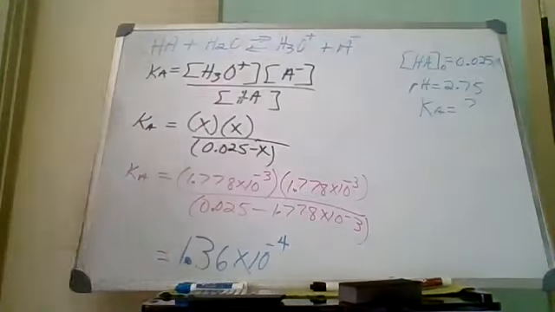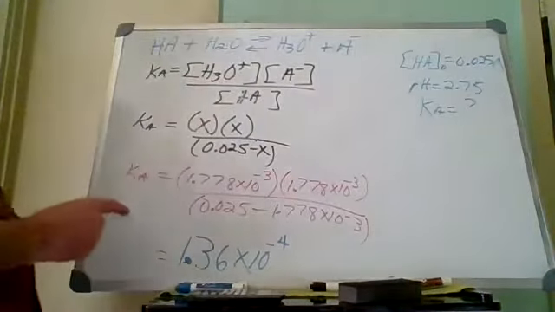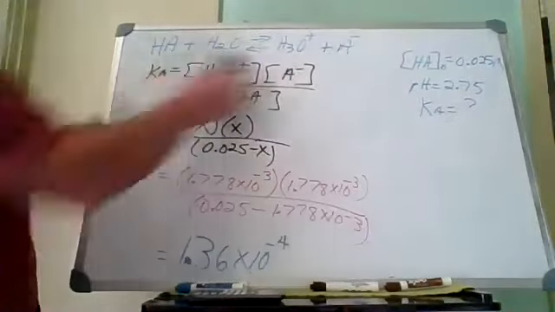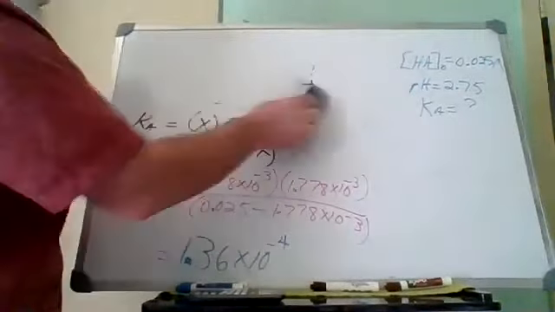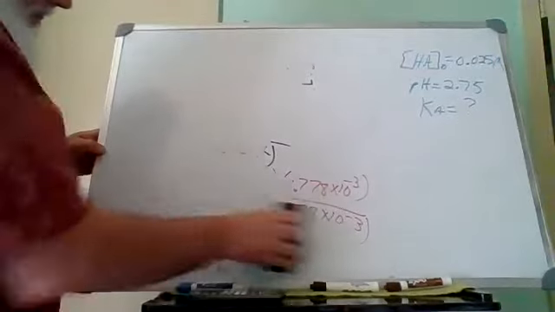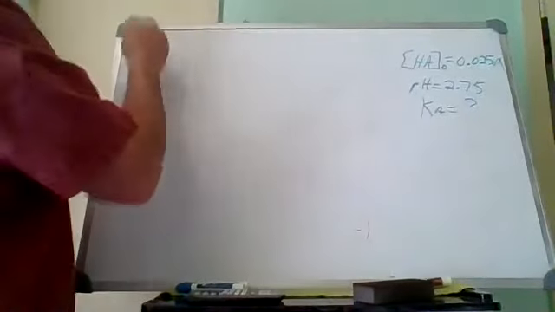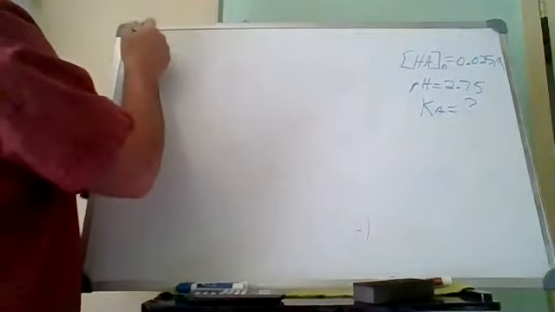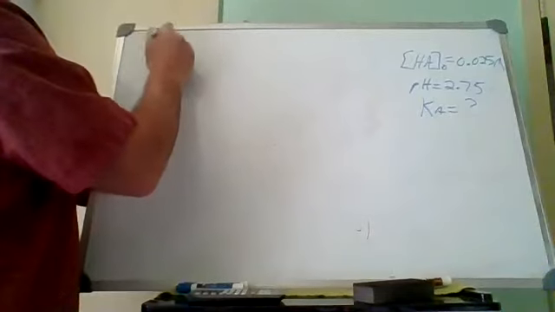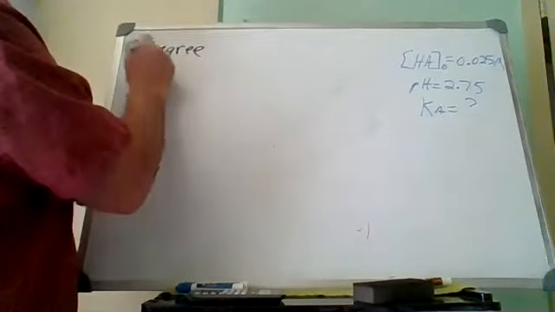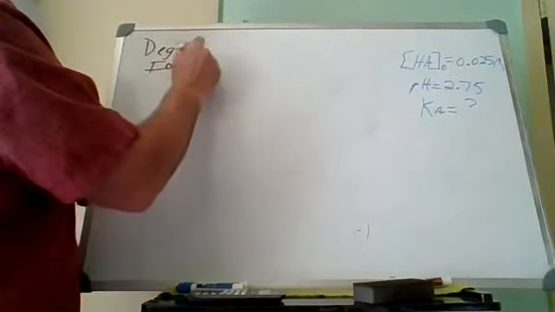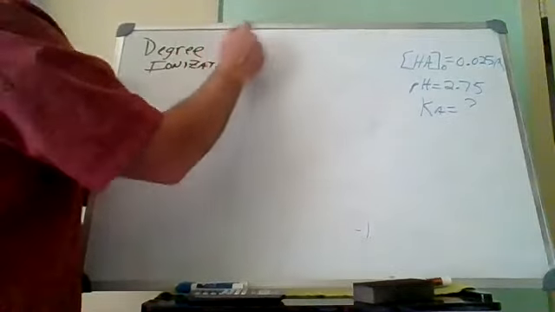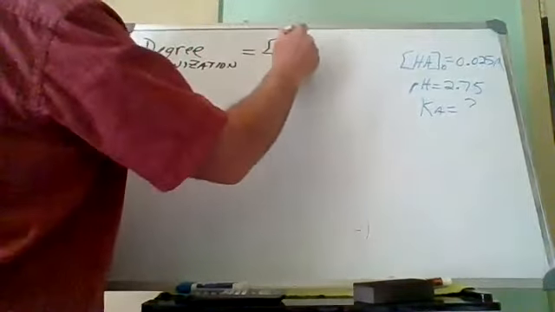Now we still have to calculate the degree of ionization. So let's write an equation for that. I usually like to write it as percent ionization, but they're calling it degree of ionization, equals H3O.